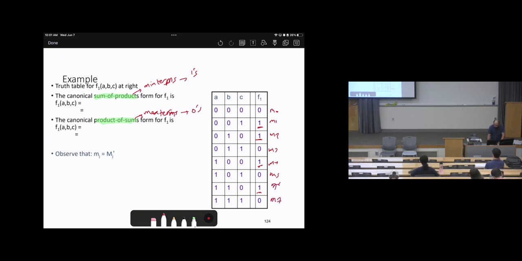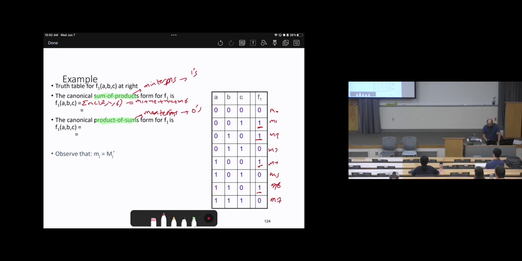So the ones are located at 1, 2, 4, and 6. Here is the sum of minterms 1, 2, 4, and 6. In other words, it will be m1 plus m2 plus m4 plus m6.